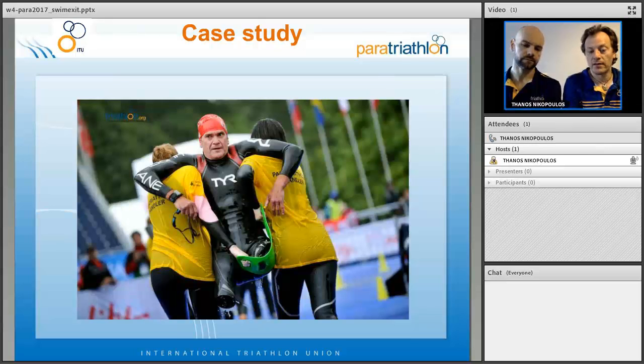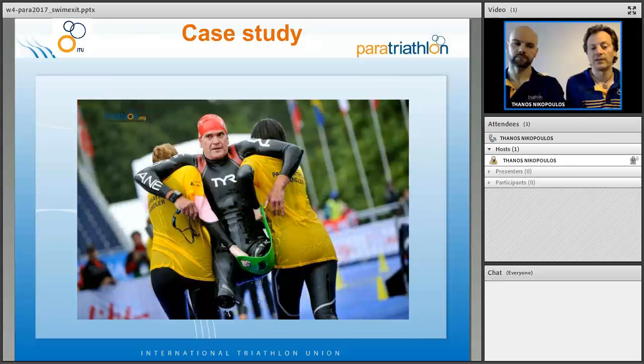The only thing that one of the assistants failed to do here was to correctly ensure that the sling, the green piece of plastic that you see there, is correctly placed under the buttocks of the athlete in order to provide full balanced support. Right now, there's a risk, obviously, that the athlete could be one-sided, which is what's happening.